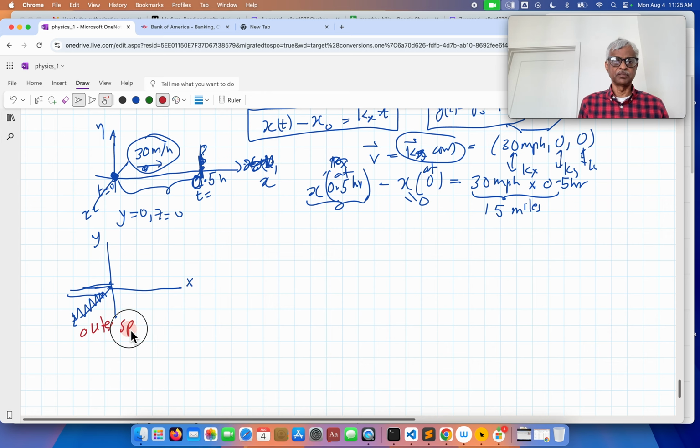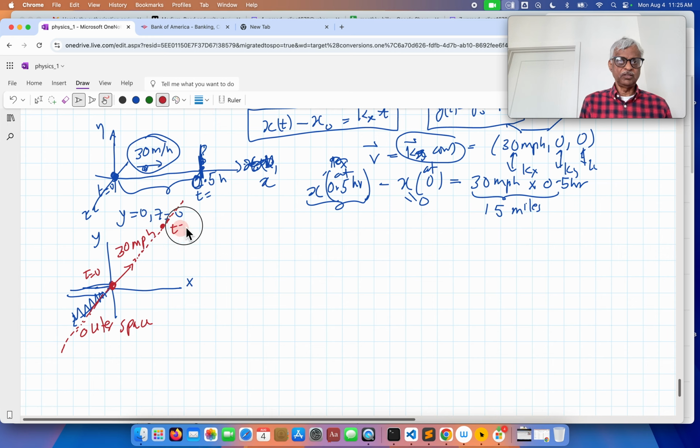Imagine outer space. Don't worry about gravity. So something is going 30 miles per hour that way. It will go in that direction forever, okay? Imagine it's been going like this forever. So at t equals 0 it was here.